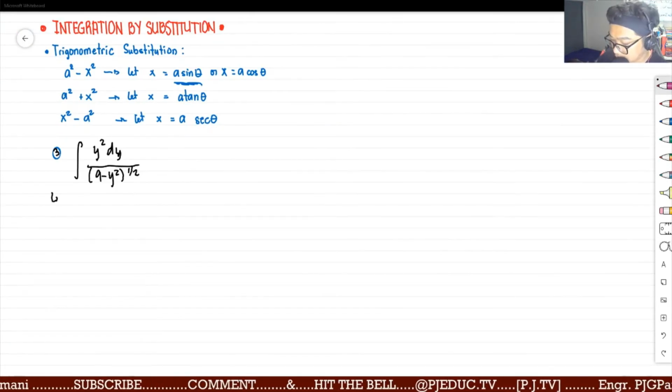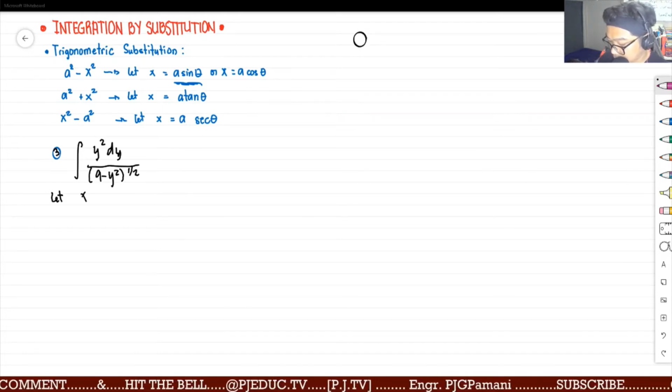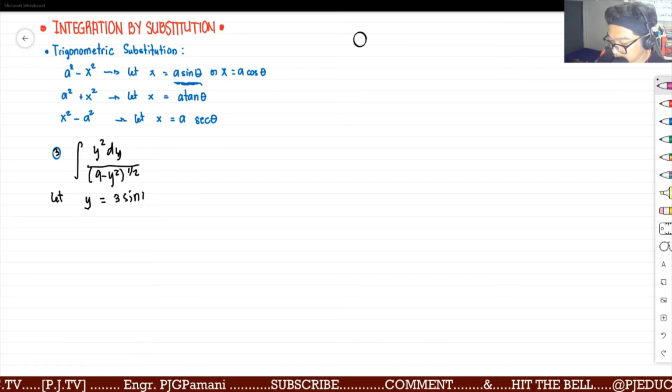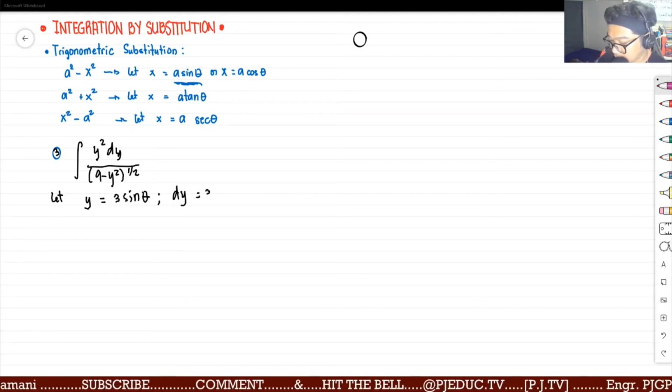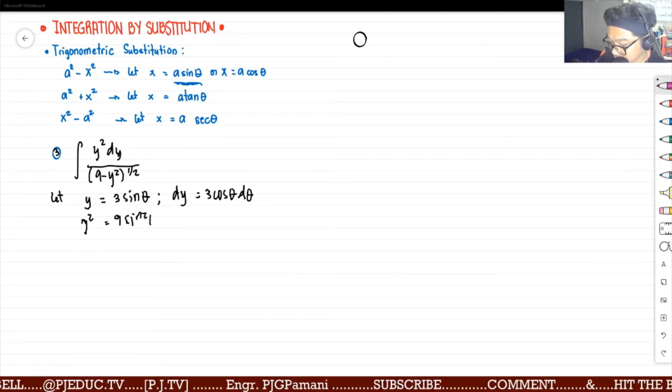That is again y equal to 3 sine theta, differential dy equal to 3 cosine theta d theta. Y squared is simply 9 sine squared theta.